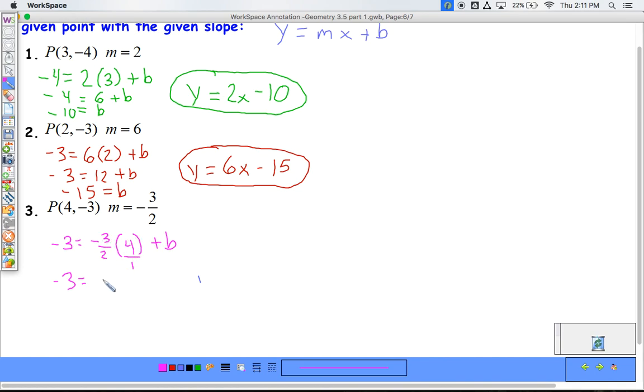So negative 3 times 4 would give us negative 12 over 2 plus b, which negative 12 over 2 is negative 6. And then we add our 6, so 3 is our b. So finally we get y.